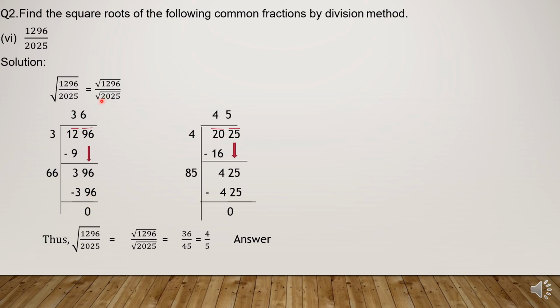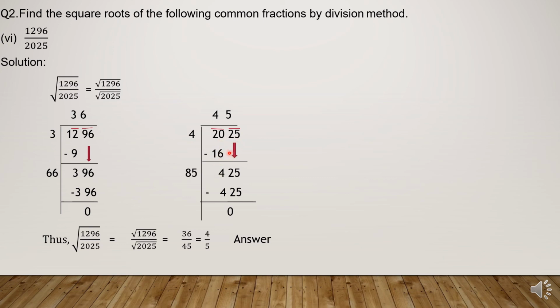Now take the square root of 2025. Make pairs from right to left. Now select here or guess here a divisor so that it multiplied with itself and we get a number that is smaller or equal to our first pair. So we get here 4, 4 4s are 16. 20 minus 16, 4.